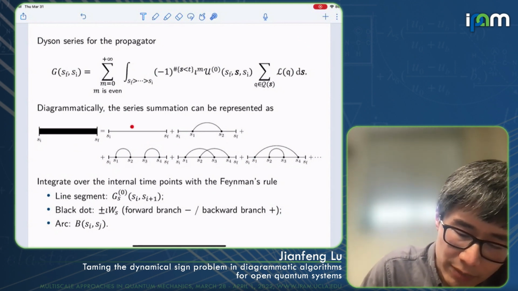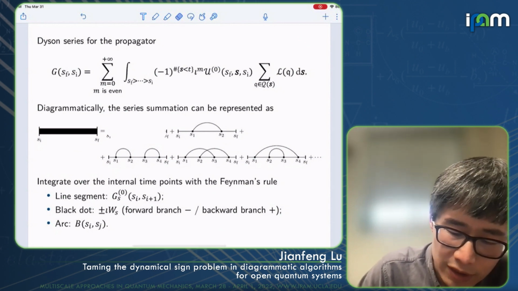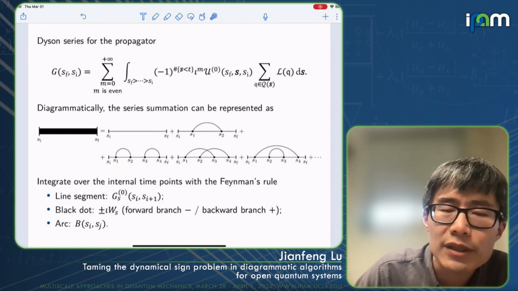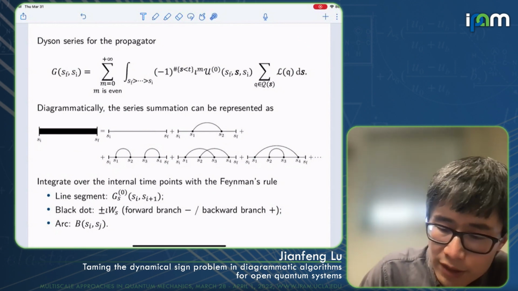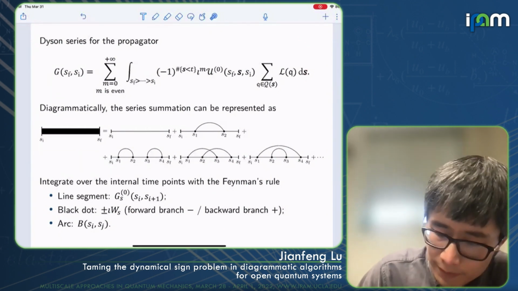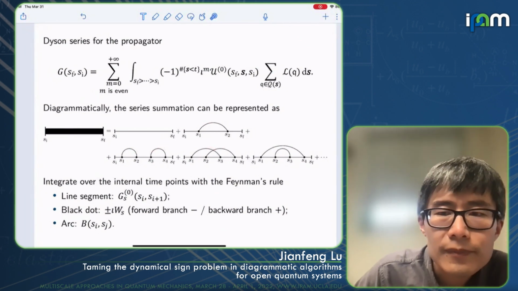This is the term where there is no interaction, m equals 0, so that is just given by the bare propagator. This is the first order perturbation, where the path comes in, but only at 2 points. And then this is second order, so you have these diagrams.